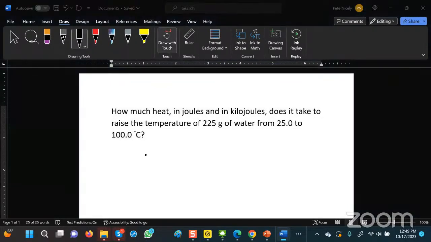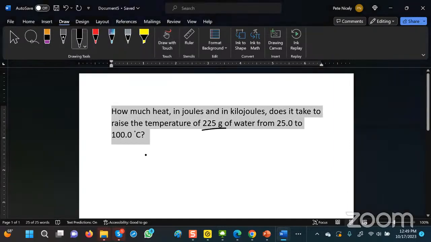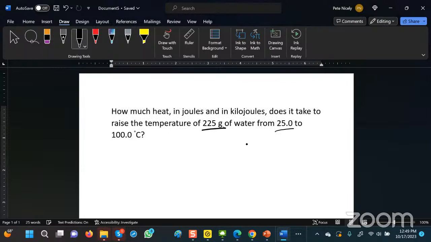So the question says, how much heat in joules and kilojoules does it take to raise the temperature of 225 grams of water from 25 degrees Celsius to 100 degrees Celsius? So the equation you'll be using in this particular case is Q equals m times c times delta T. They gave you the mass.